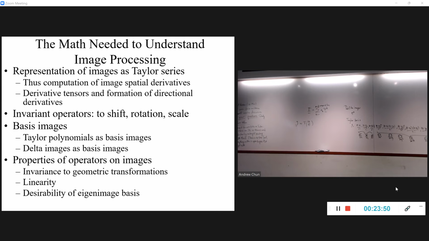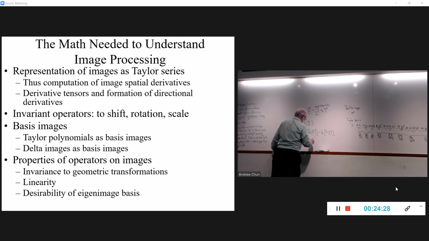And so we needed a definition of invariance of an operator T to an operator G. The definition was that it didn't matter in which order we applied the operators, the geometric transformation or the operator we're looking for invariance.